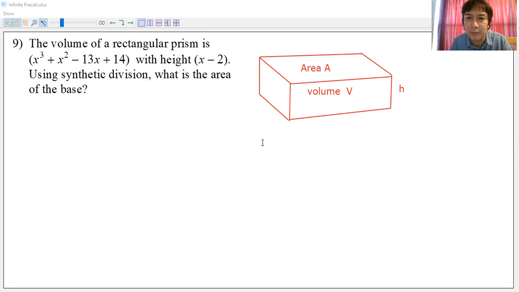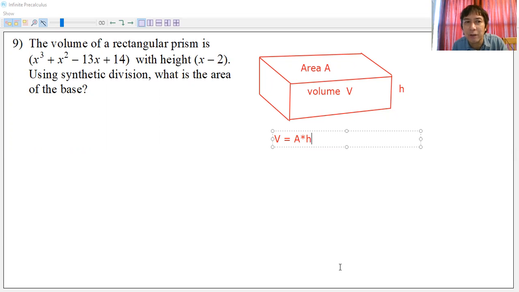Our formula is the volume V is equal to area of the base or the top, times the height. So this is our formula for the solid.